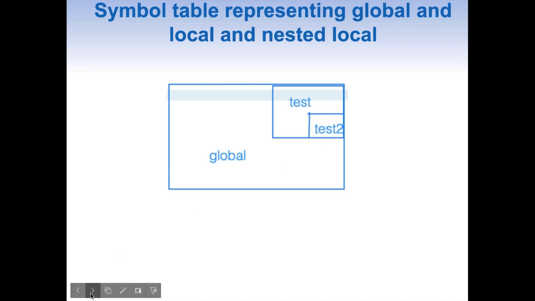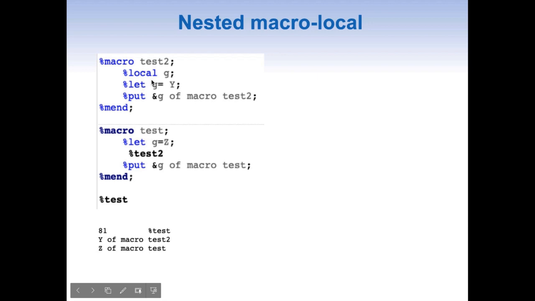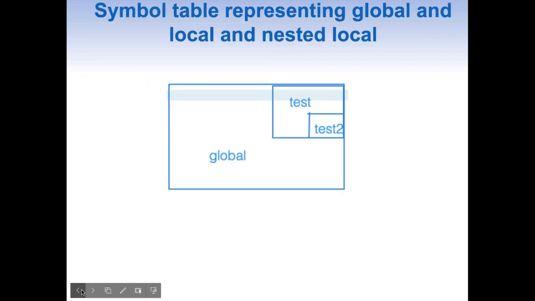And here, our test2 has the value of y. So what it will do is, even though we have created a macro variable with the value of z, this value of y also looks into this and updates it. So again, the same problem of overwriting.